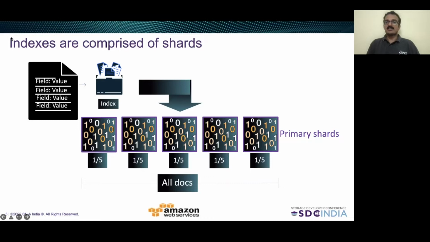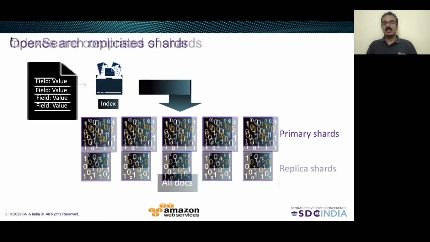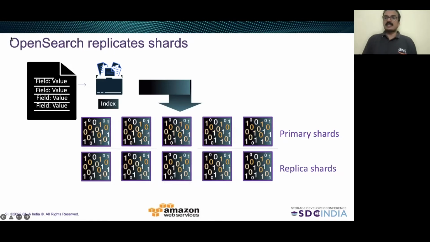Quickly going into the details of the shards, as I said, each index is partitioned into shards, and there can be multiple such primary shards. In the picture here, we have 5 primary shards, and all of the documents are partitioned into these primary shards. They also get replicated. Each shard gets replicated into one or more replicas. You can configure how many replicas you need for your query workloads and for your durability.